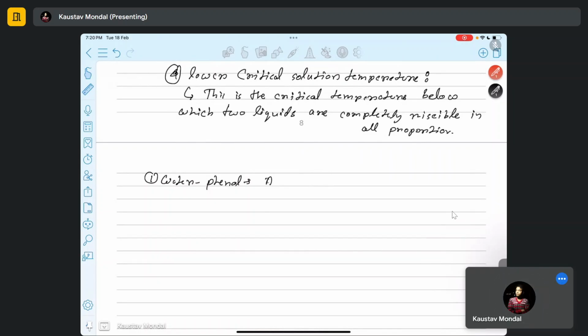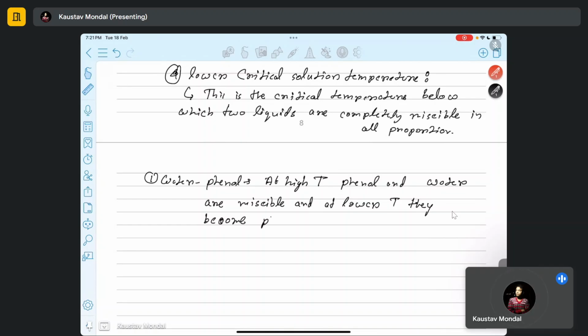At high T, phenol and water are miscible, and at lower T they phase separate.